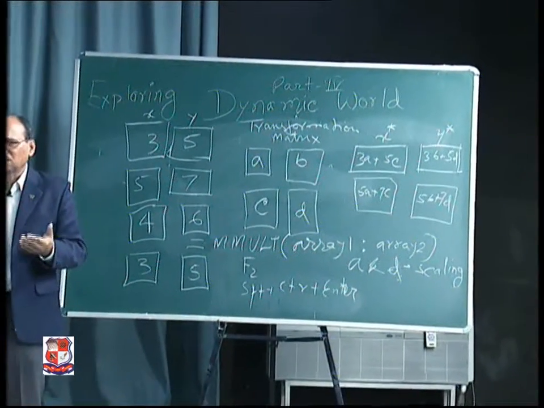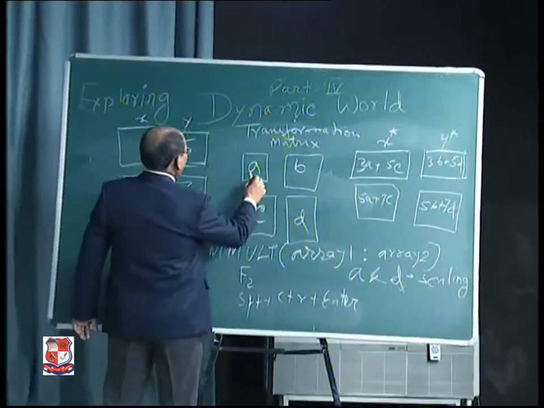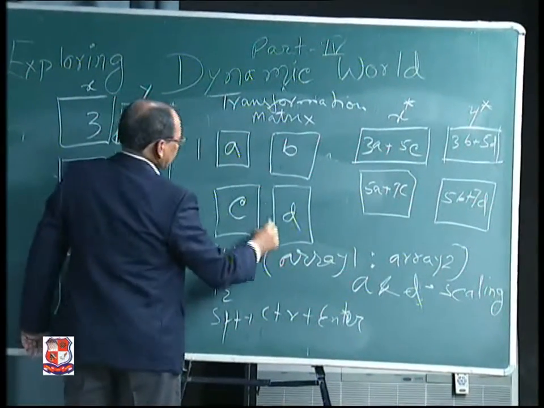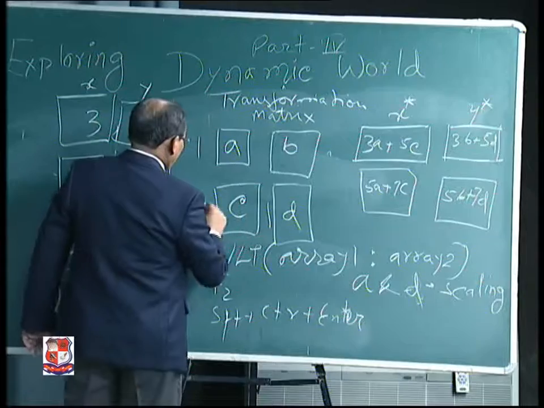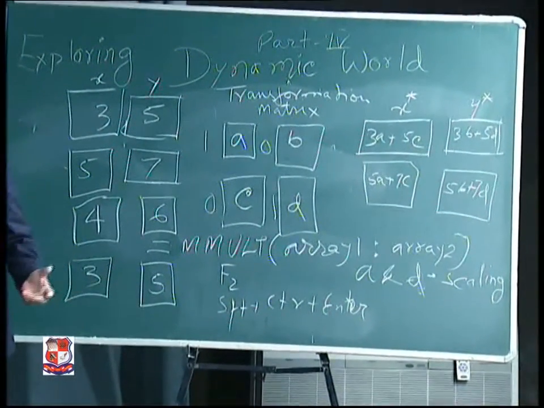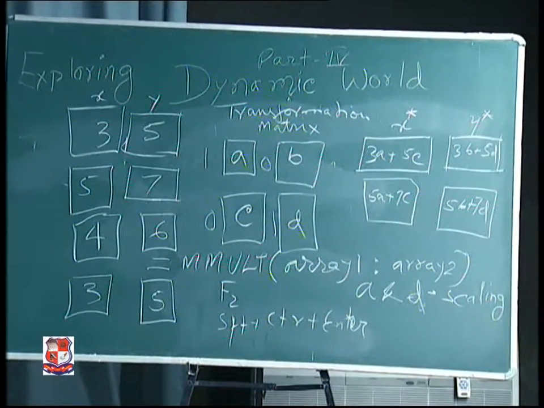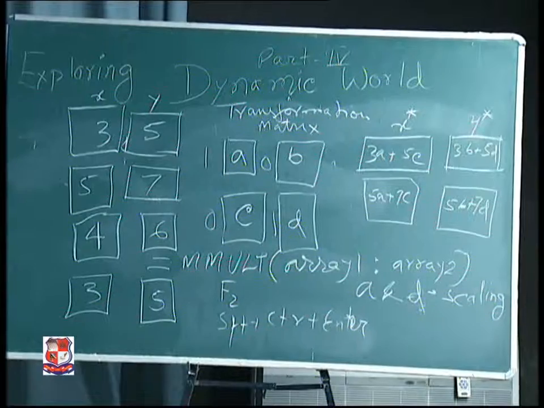So, whatever triangle you have formed, you just put 1 instead of A, 1 instead of D, and 0 for C and B, and there will be no change. It will be a superimposed triangle with the original triangle.